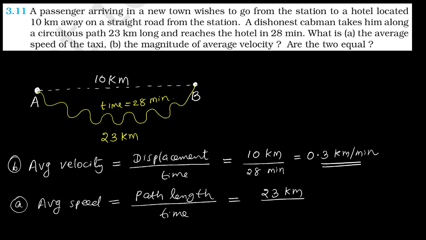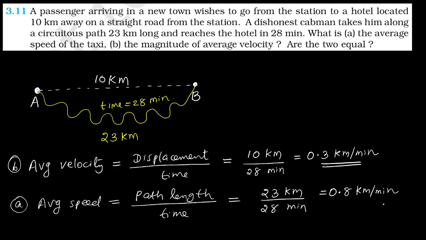The time is the time taken for the journey, 28 minutes. Understood? So let me find its value. 23 by 28, 0.8 kilometer per minute.